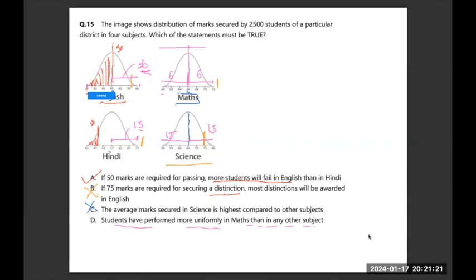So consistent or uniform performance is happening in maths, which is true. So D is correct. So A and D will be the correct answers. Any doubts, any questions? Okay.